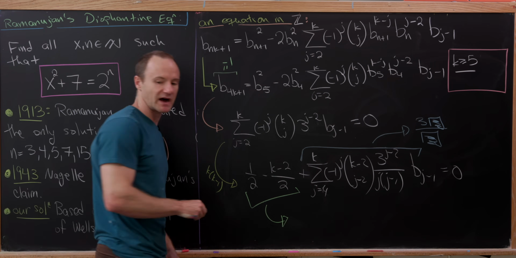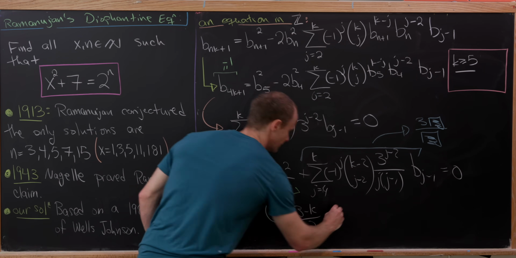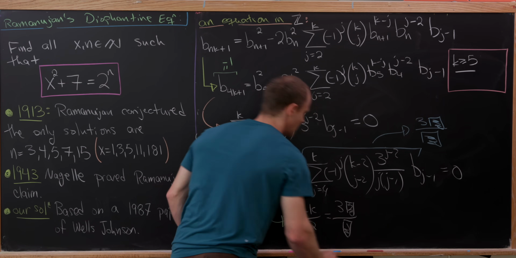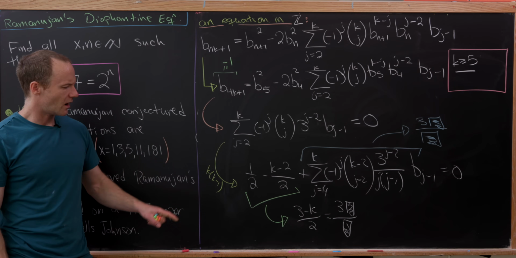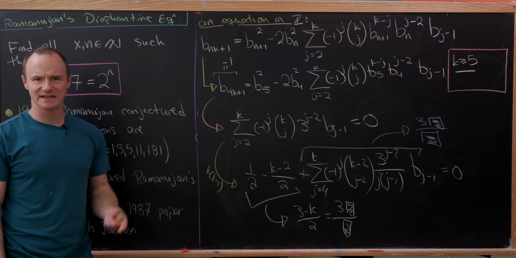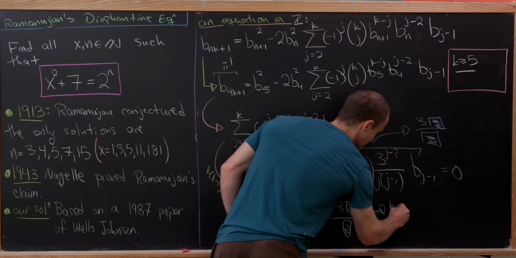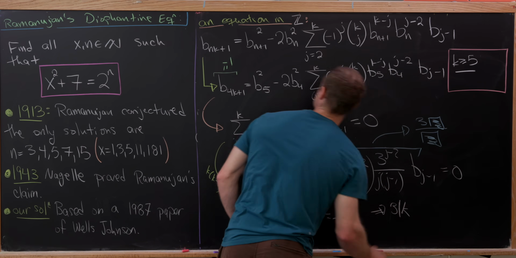But those two combine together to give us 3 minus k over 2. So 3 minus k over 2 needs to be something with a numerator involving 3. Oh, but that means that 3 minus k is a multiple of 3, which means that k is a multiple of 3. So in other words, 3 divides k.